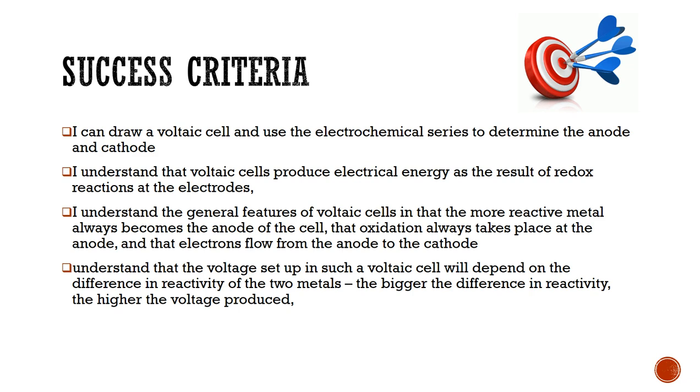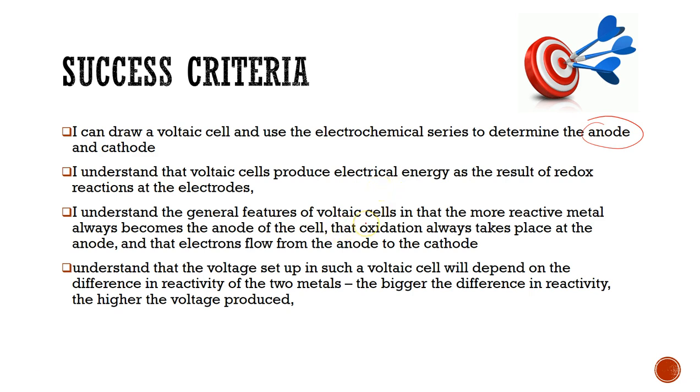So if you've taken good notes, have a bit of practice at drawing your voltaic cells using the electrochemical series to determine the anode and cathode, remembering the more reactive metal will be the anode because that's the site of oxidation. That we can produce electrical energy by separating these two spontaneous half reactions.